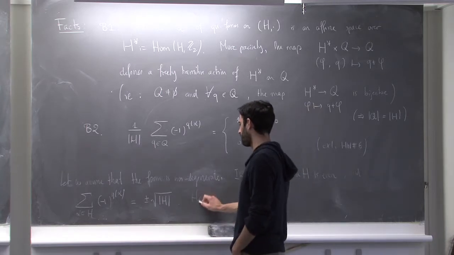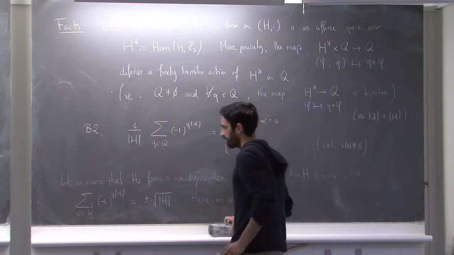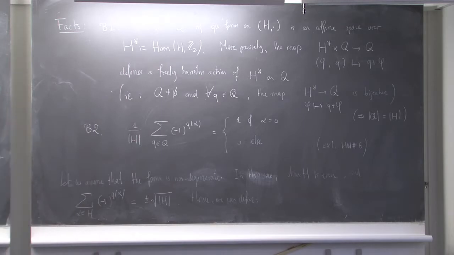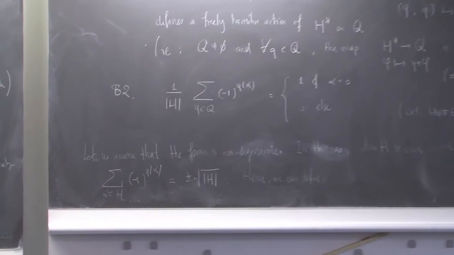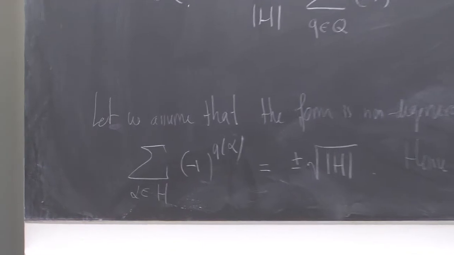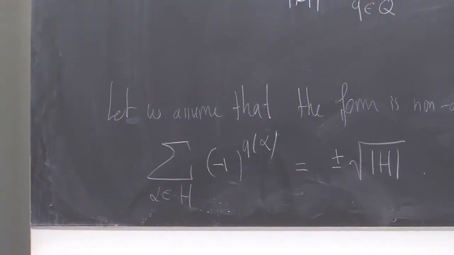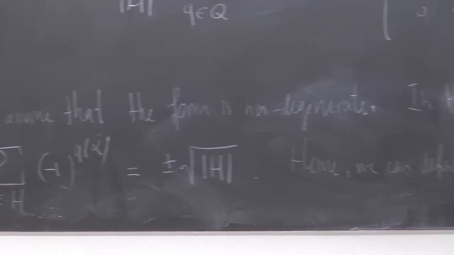Hence we can define something which is called the Hopf invariant of a quadratic form. So, definition.